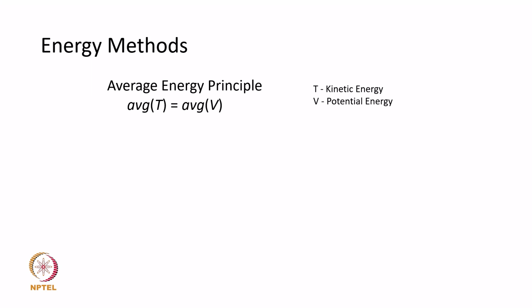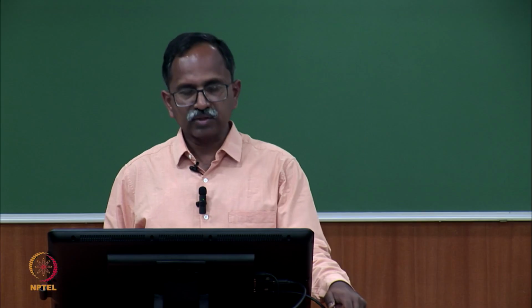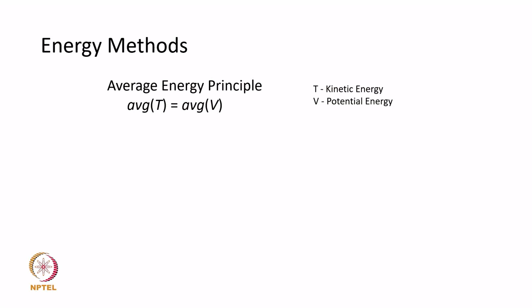For an oscillating system, the average kinetic energy is equal to the average potential energy. You can imagine a simple oscillating pendulum. You can find the average kinetic energy of the pendulum in a cycle and the average potential energy. If you equate them, you will get the governing equation of motion.